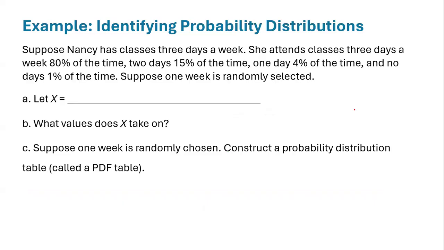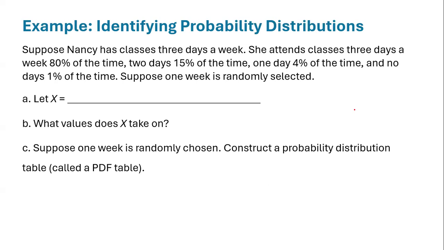Next example, it says suppose Nancy has classes 3 days a week. She attends classes 3 days a week, 80% of the time, 2 days, 15% of the time, 1 day, 4% of the time, and no days, 1% of the time. And suppose 1 week is randomly selected.